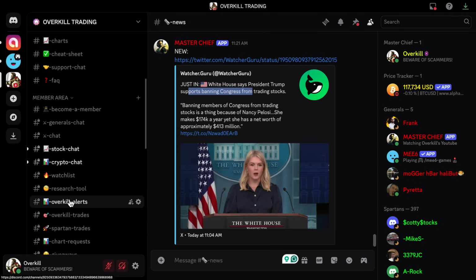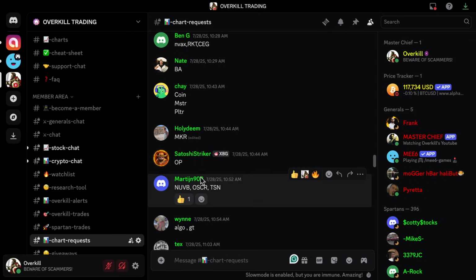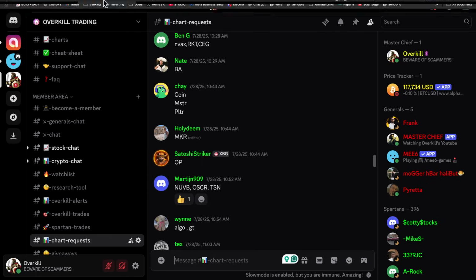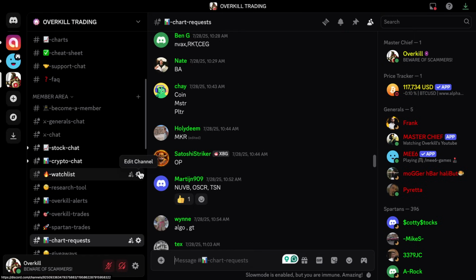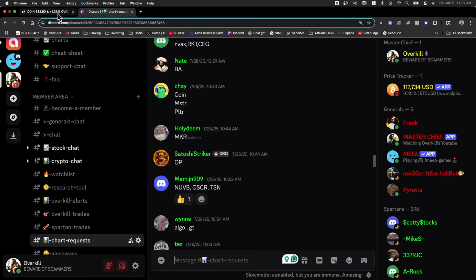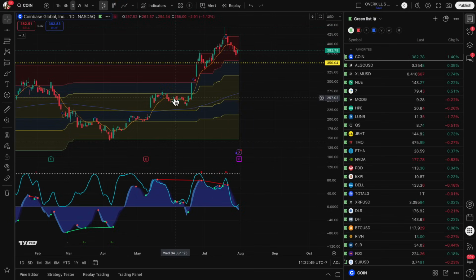So looks like they're going to ban Congress members from trading stocks. Oh, wait, you mean that being in government shouldn't be a way to get rich? What? Meaning like they got to serve the people and not look out for their own interests? What a great idea. Nancy Pelosi's worth like $500 million, dude, on a $250,000 salary. And she sits there and says, I didn't do any insider trading.